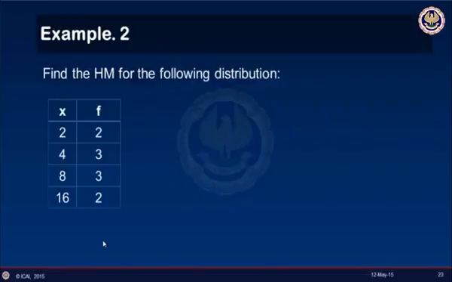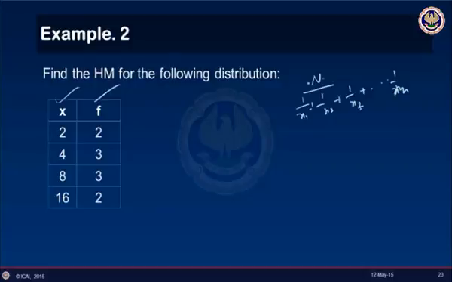Now let us look at an example of harmonic mean in the case of a grouped frequency distribution. Here x is given and respective frequencies are given. You know already that the harmonic mean for a grouped frequency distribution is N by 1 by x1 plus 1 by x2 plus 1 by x3 plus etc., 1 by xn.